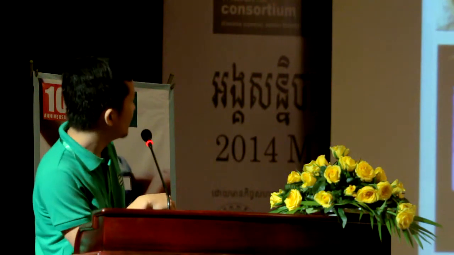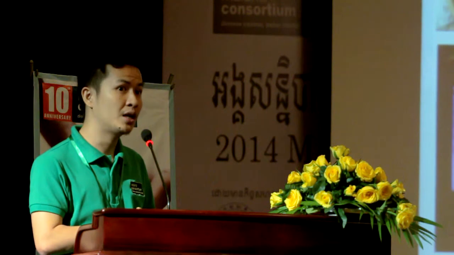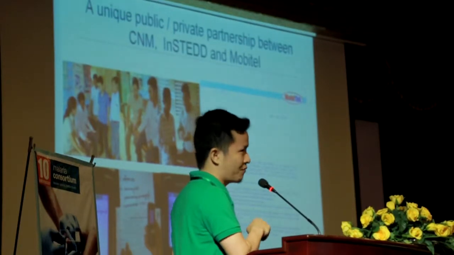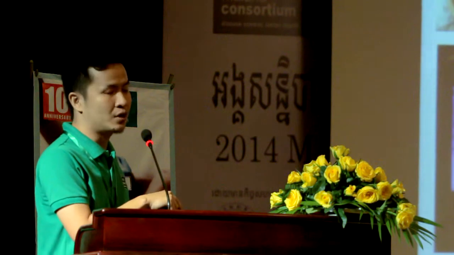And this is an activity that we cooperate on with Instead and Mobitel. Mobitel is a telecom company in Cambodia. This system is very successful, and we call it a unique system because we have a lot of partners cooperating.